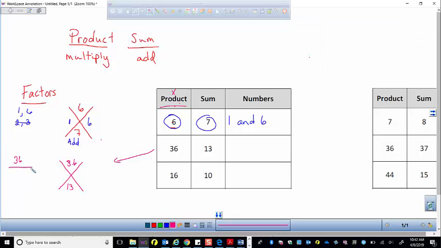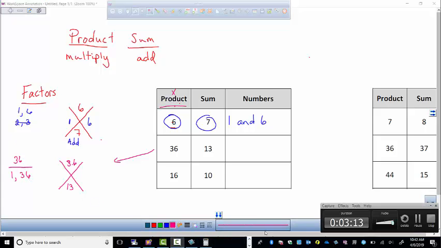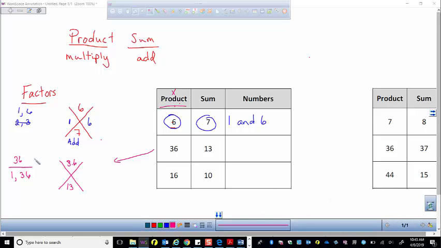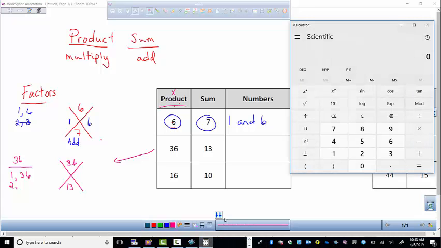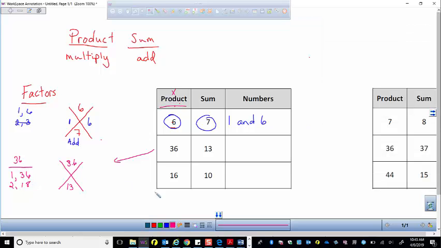So remember, 36 is 1 times 36. So 1 times 36, I could do 2. If you want to use your calculator to do this, I could take 36, divide by 2, I get 18. Then I could try 3.